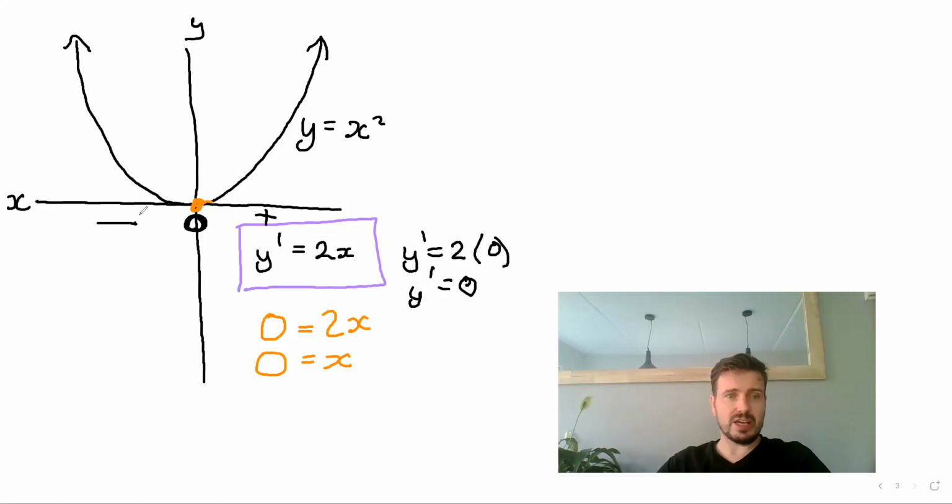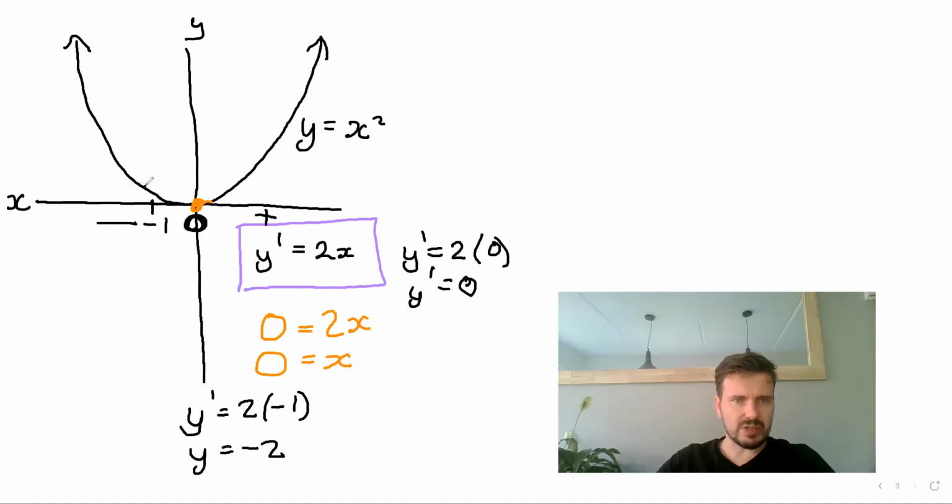Now let's put in a negative value. We'll just put in -1, that's the easiest one to put in. So y dash equals 2, and where we see an x, we put in a -1 and we get -2. So actually we know then that the slope is -2 at this point. And we see that because it goes downwards.